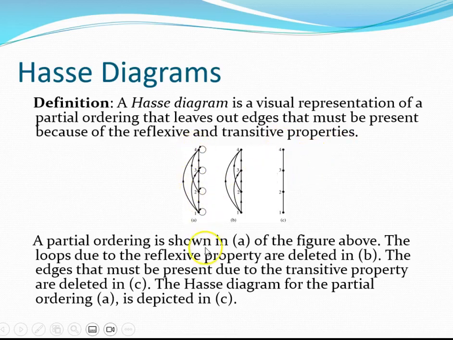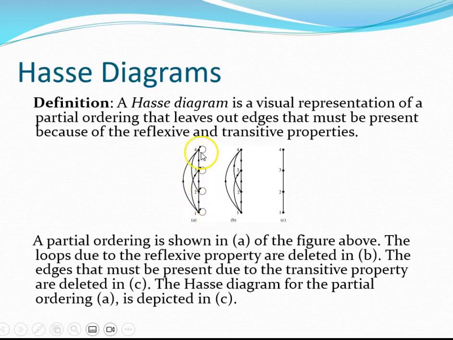For example, in A, we have the diagram of some partial ordering, some poset with a partial order.